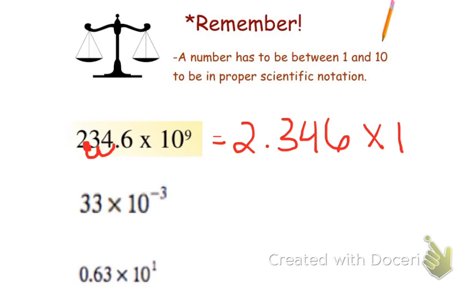However, because we have changed our place value, we must also change our exponent. Since we moved 2 places to the left, making a smaller coefficient, we must add 2 place values, or 2, to our exponent to keep this balanced. 9 plus 2 gives us an exponent of 11.